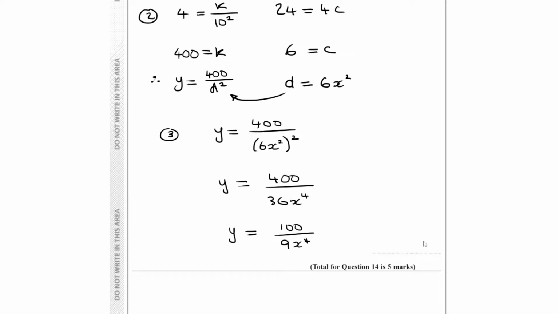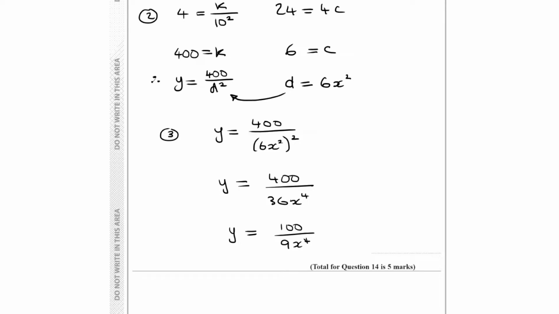Now, I think there were different versions of the answer, so let me have a look. I think there were different formats you could put it in. Question 14. This is the main answer, the main one they've chosen, but they've said or equivalent. They have said you could put it as a decimal. I don't know why you would. Like, 100 divided by 9, you could work that out. I obviously wouldn't do that, but they've said that you can.